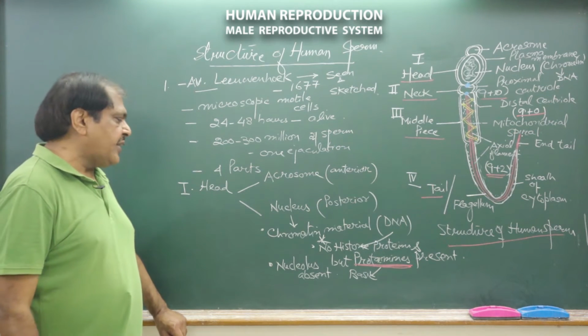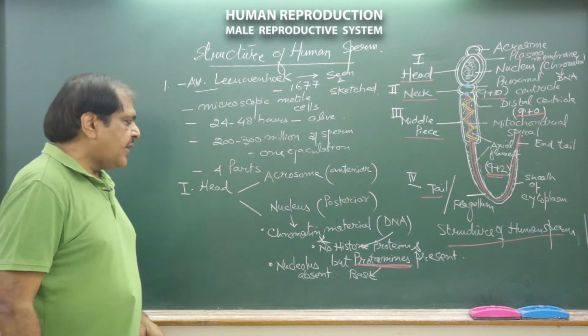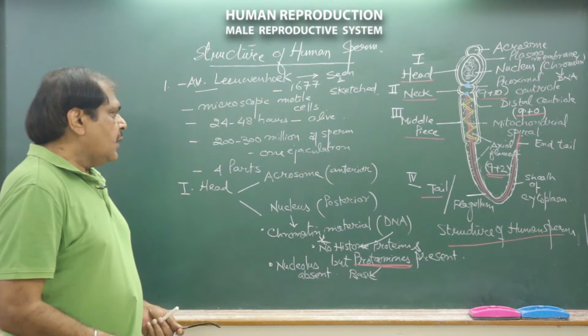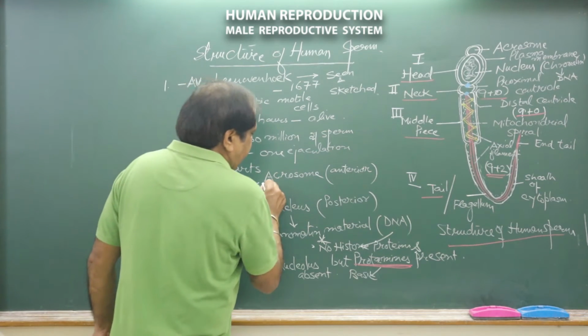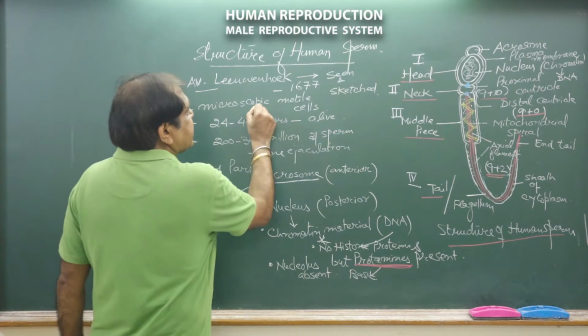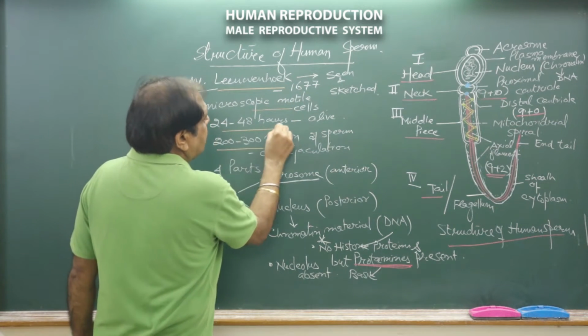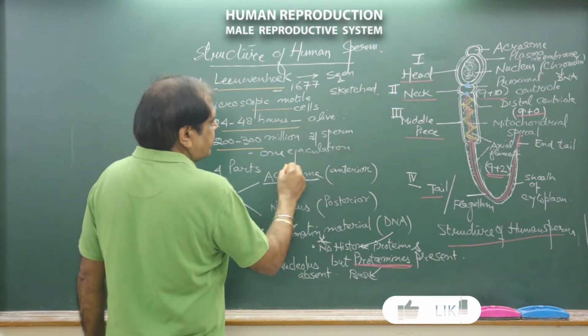Protamines are the basic proteins and nucleolus is absent. Now we come to the acrosome. Students, you can note down all these points.